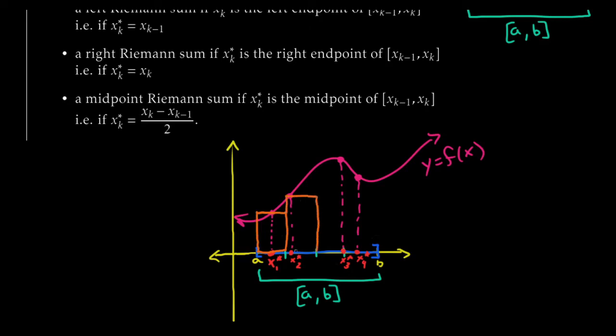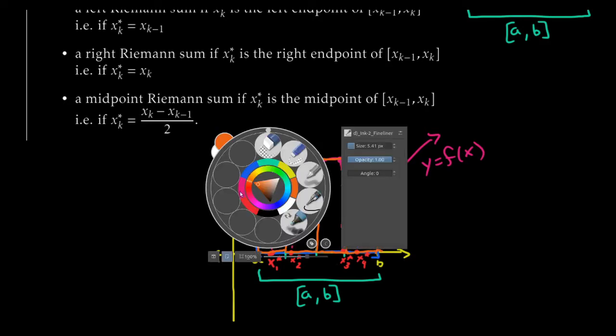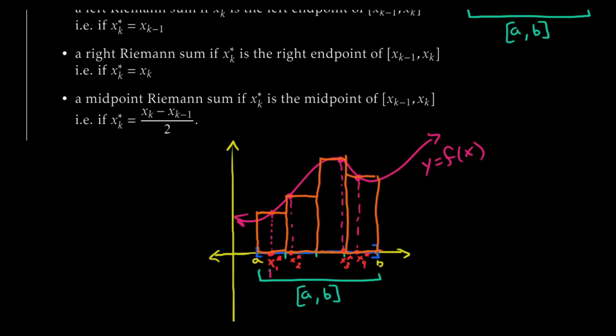I'm just taking a box whose base is a subinterval and whose height is given by the output of the function at each of the xk stars. So, gist of it is that if I trace over from x1 star all the way over to the y-axis, I get out f of x1 star. As I've drawn the box right here, that's the height.